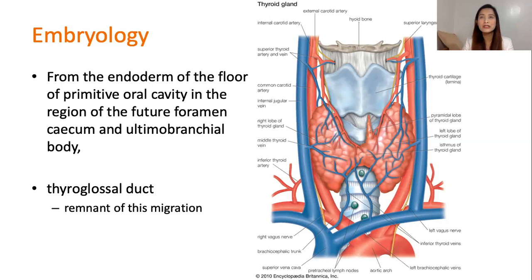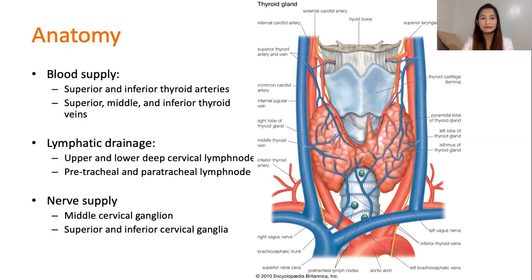If there is a failure of migration, some patients will have a lingual thyroid, so your thyroid gland will be located at the base of your tongue. Those are usually patients that present with congenital hypothyroidism, when there's failure of the thyroid gland to migrate from its origin in the oral cavity to the anterior neck. So that's how I try to remember the embryology of the thyroid gland.